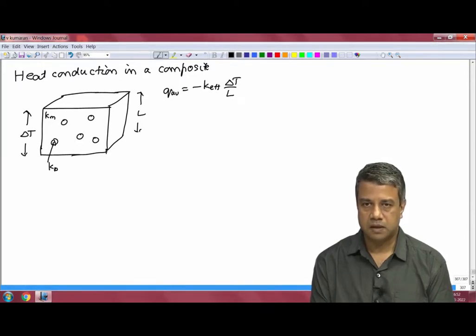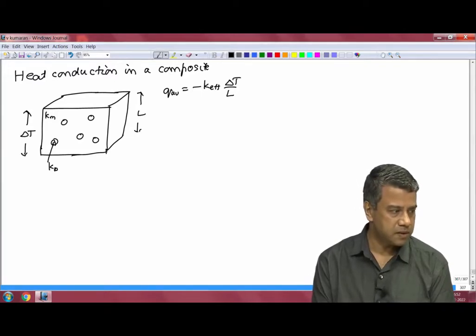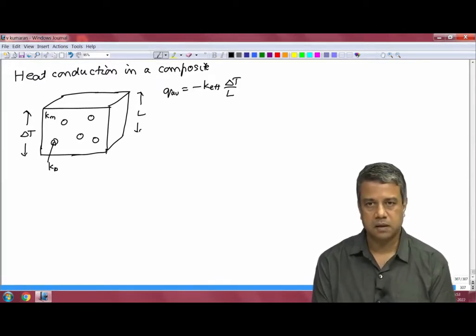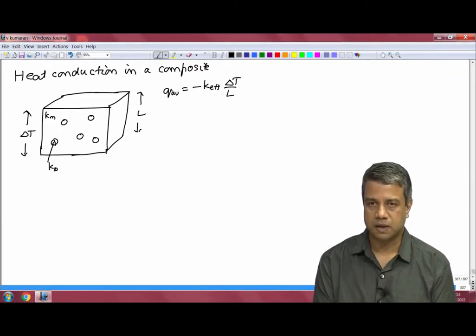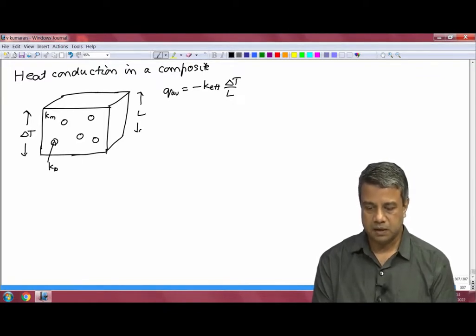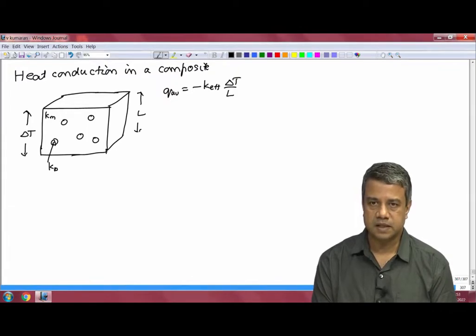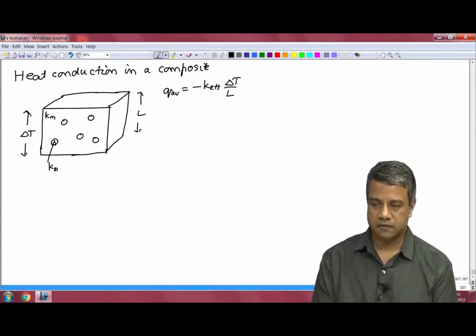And we were solving this in a dilute limit, where the temperature disturbance due to one particle does not affect the field around another particle. So, each particle can be considered to be a sphere placed in a matrix in which the temperature variation is a linear function of z far from the particle.